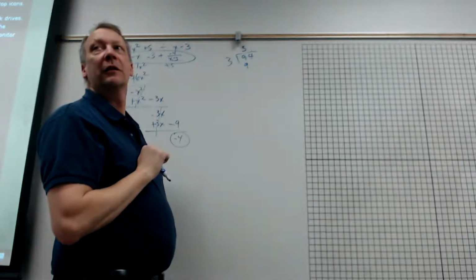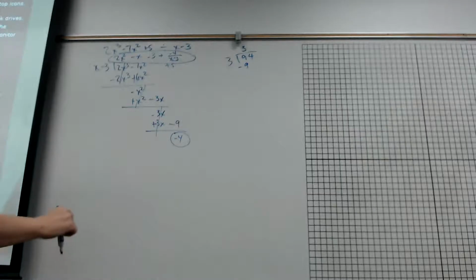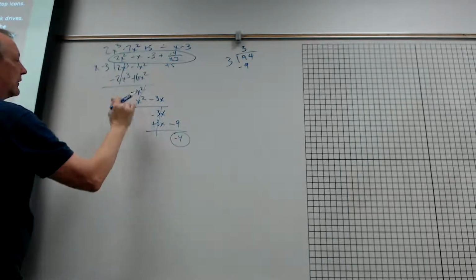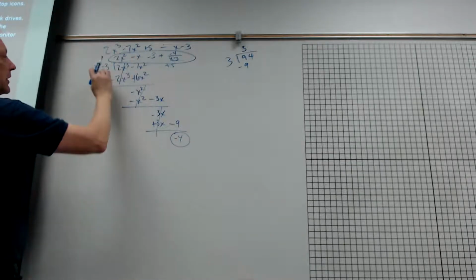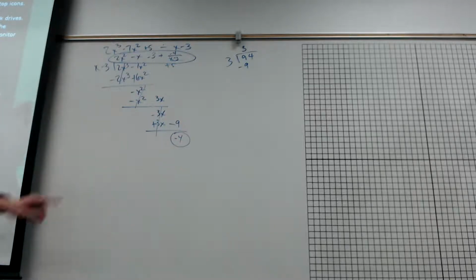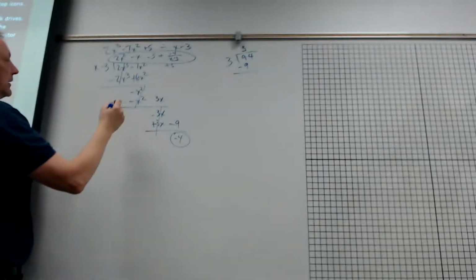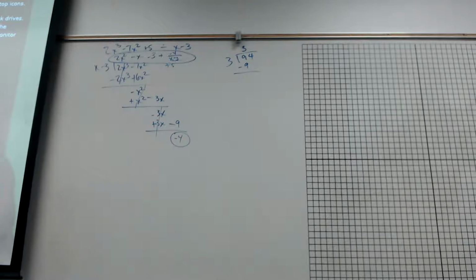Now what do you do? You subtract the 9. So going back to here, negative x times x is negative x squared, as you said. And negative x times negative 3 is positive 3x, as you said. But just like here, when we subtract the 9, I've got to subtract these. And so the easiest way to subtract them is to just change all the signs, because then it makes it easier. All right, perfect. So I did the same thing.